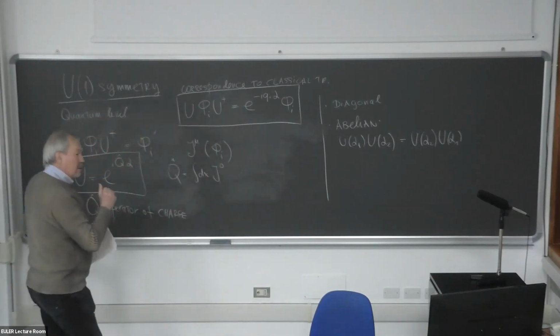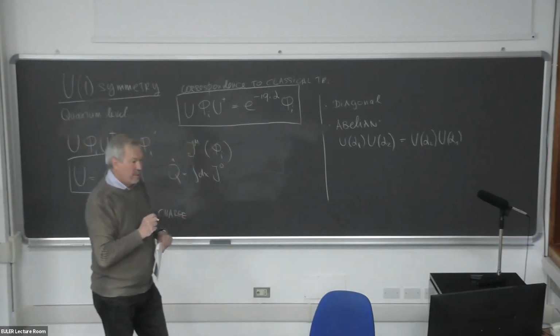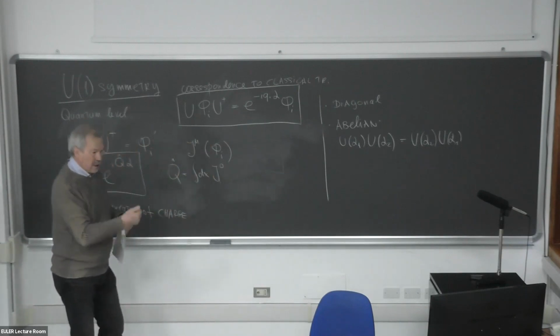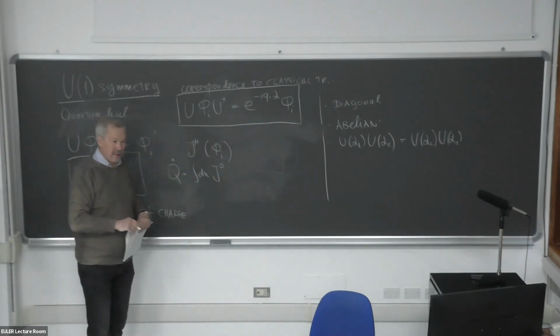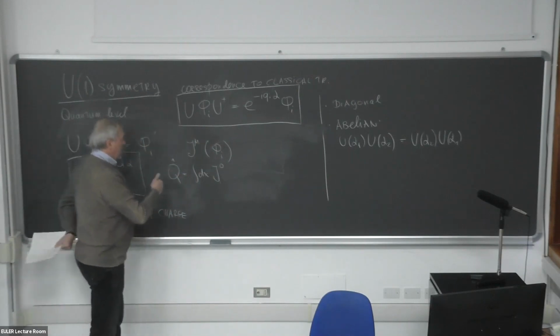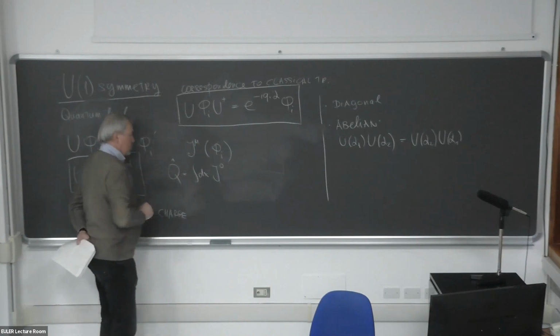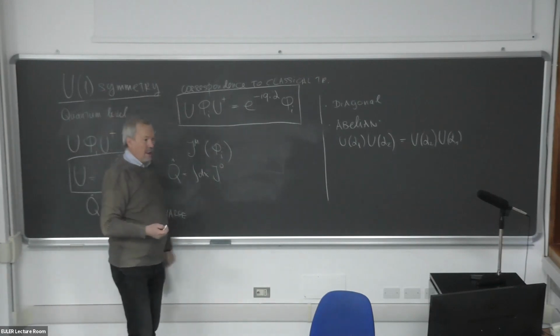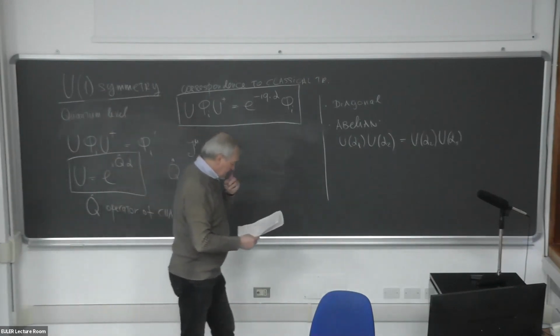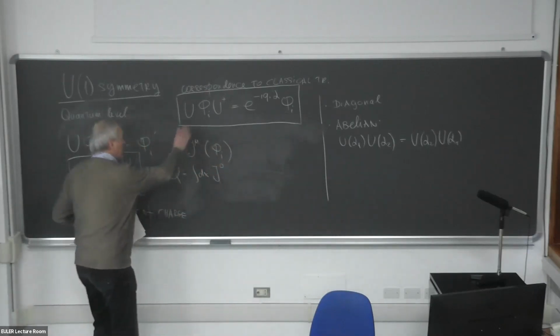Remember, each current corresponds to a generator of transformations. Here there is just a trivial, single generator of transformation. Therefore we have just one current and one charge, and this charge corresponds to this trivial generator of transformations. Okay, so this is important.